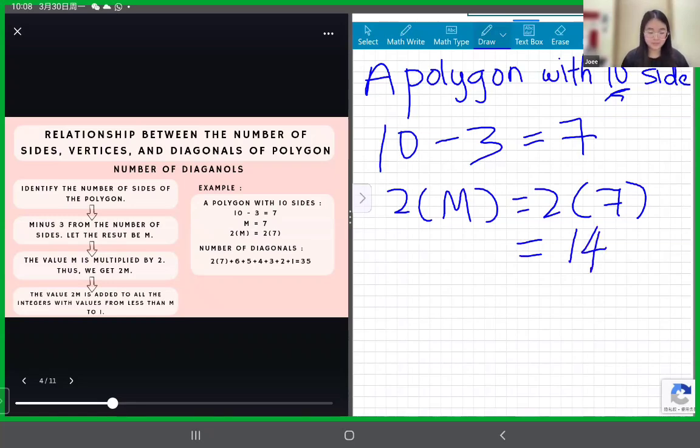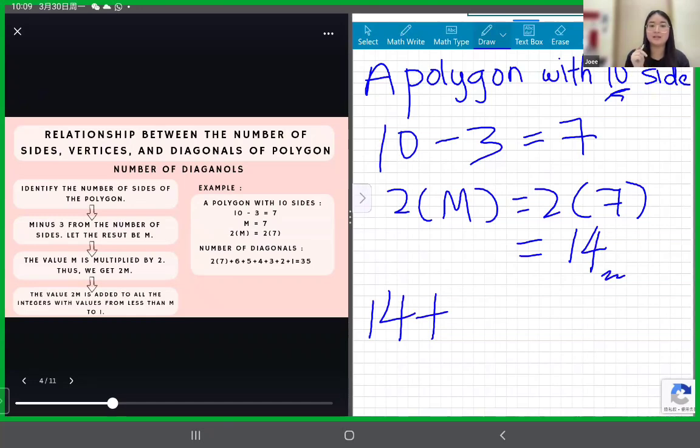Next, the value 2m is added to the integers with values from less than m down to 1. Now our 2m is 14, so we need to add all the integers from less than 7 to 1, because our m is 7. Remember, it does not start from 7, it is less than 7.